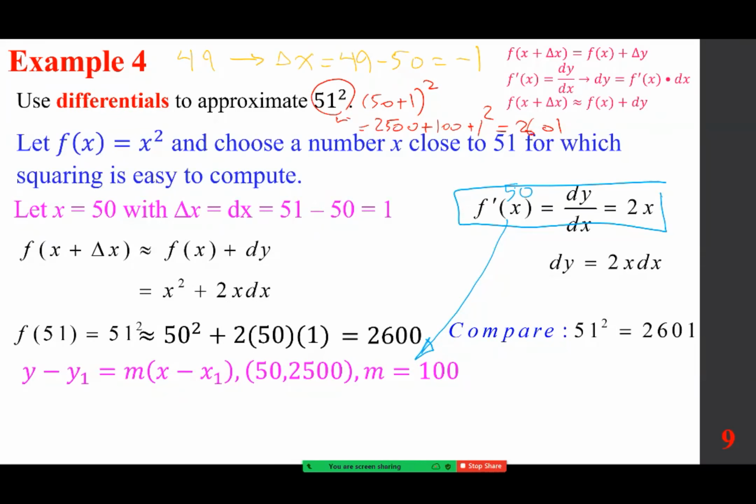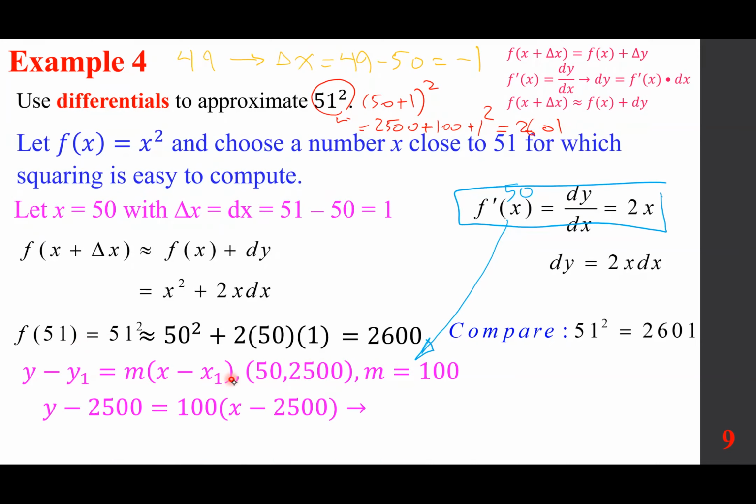Now you're going to plug in, which means y minus y1, y minus 2500, equals m, which means 100, times x minus x1, which is 50. So just plug it into this. This is 50.